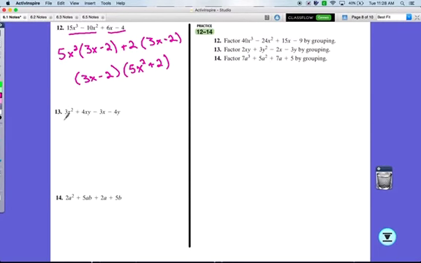For 13, I'll look at the first two. Let's see, all right. They both have an x in common, so let's take an x out. That leaves me with 3x plus 4y. All right, and then since I got minus, I'm actually going to take a negative out of both of those. That's the only thing these two share, actually, is a negative.